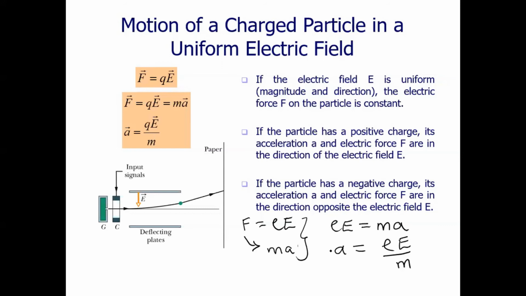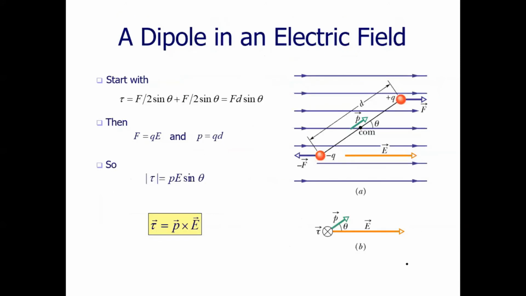So this is the expression that you use when you have a charged particle such as an electron that is moving within an electric field E. It is accelerated, and the magnitude of the acceleration is given by this formula. So if you know the magnitude of the charge, the electric field, and its mass, then you can find the acceleration. Okay, so that is basically what we have here.